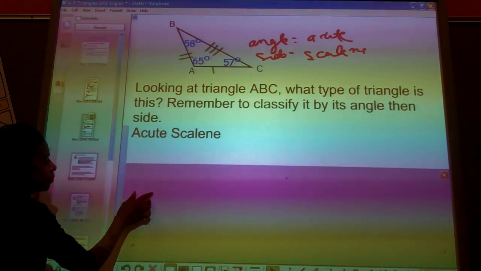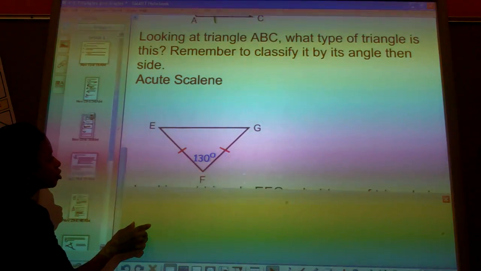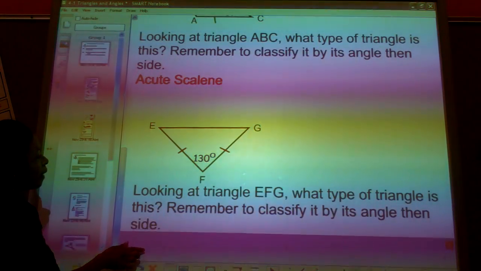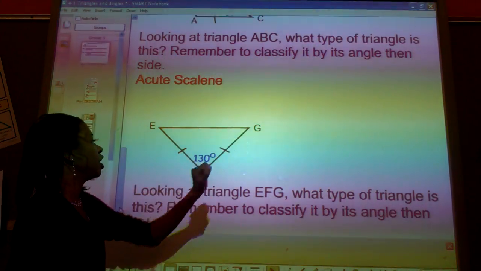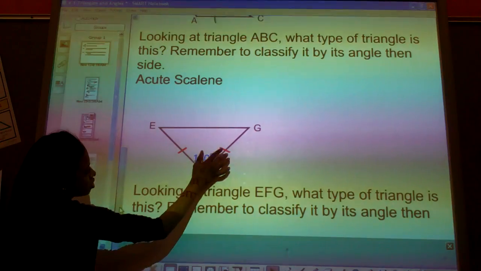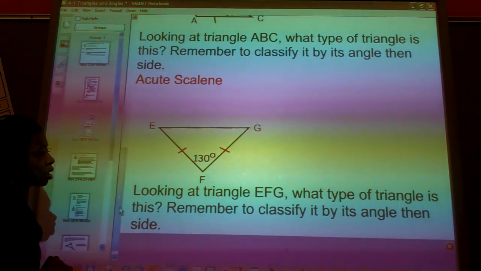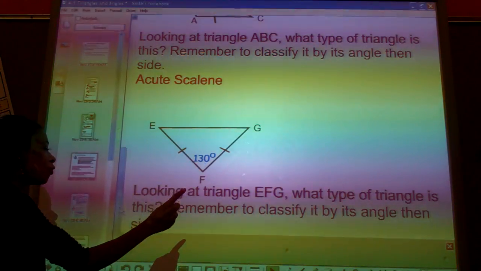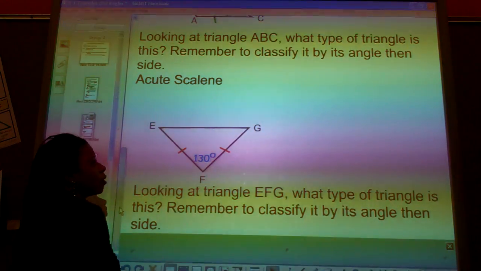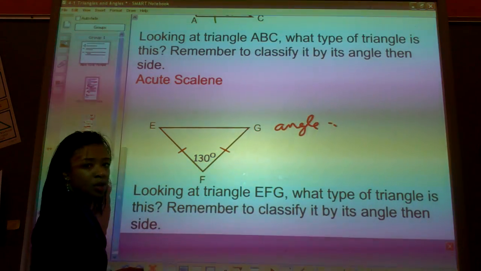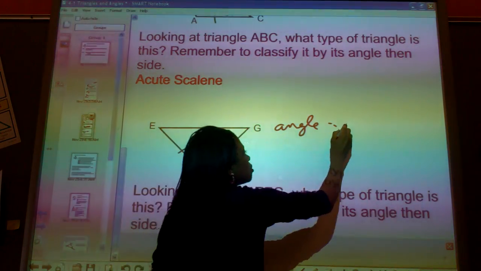Let's try another. I have another triangle here, triangle EFG, and I see 130 degrees, and I see that these 2 side lengths are congruent. Remember, we want to classify a triangle by its angle first and then its side. Looking at the angle, because immediately I see 130 degrees, I know that this is going to be obtuse.